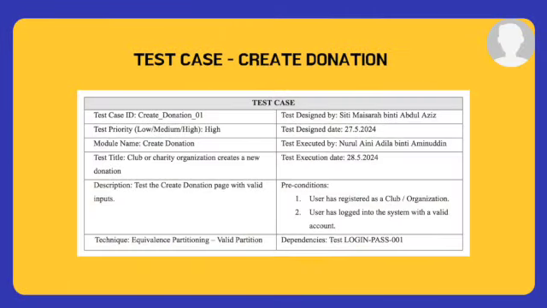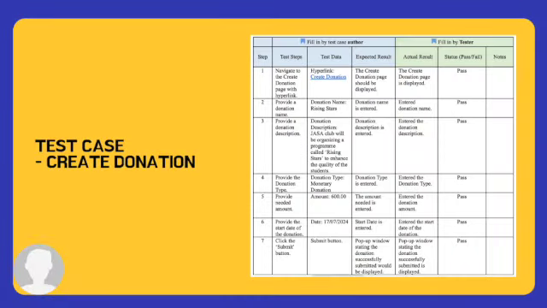Next is the test case for create donation. Basically, this is the information of the test case. The precondition is that the user has to register as a club or organization, and has logged in to the system with a valid account. This is the test case by the author and the tester.